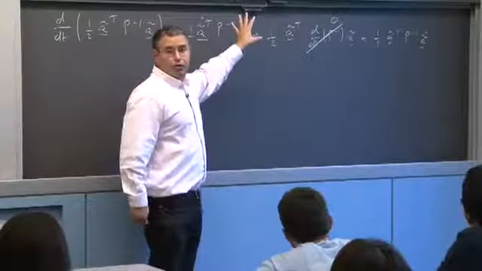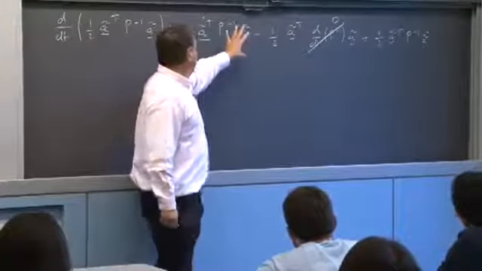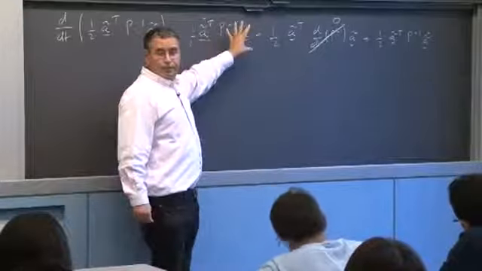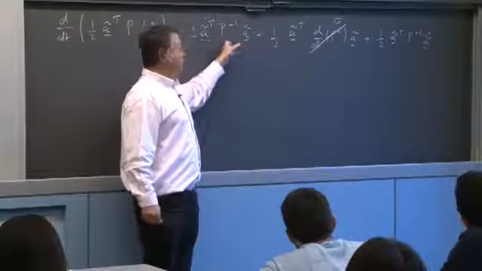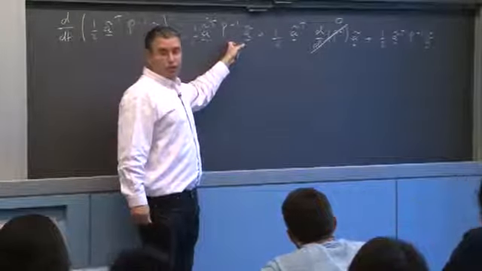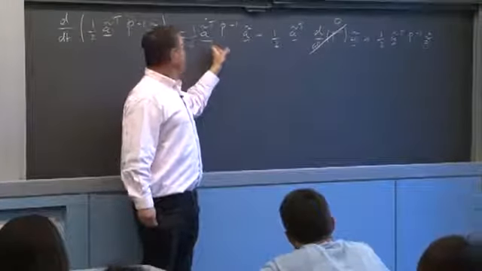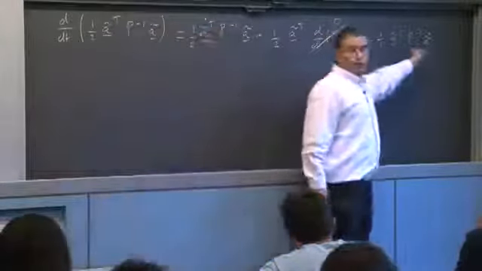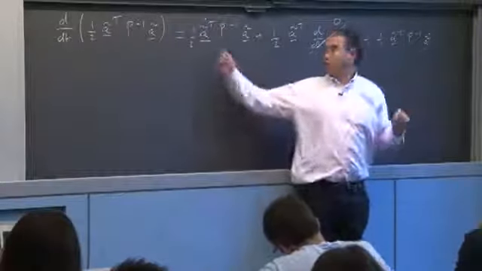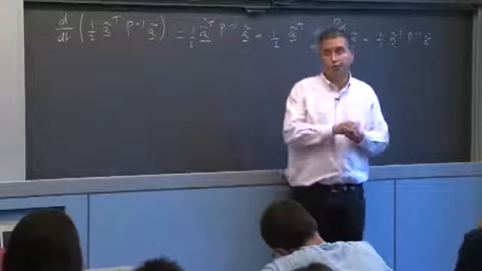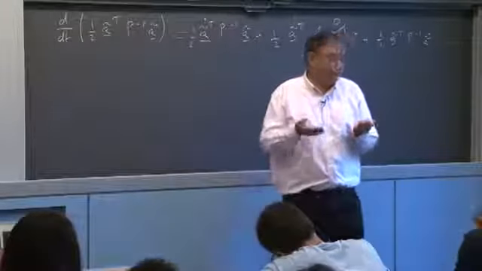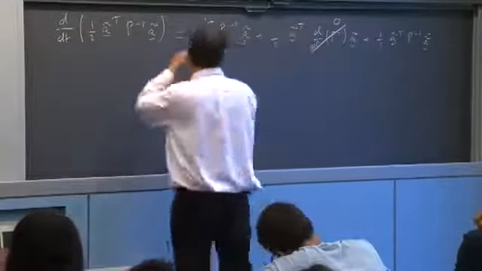They are derivatives of scalars, so they're still scalars, so they're equal to their transpose. If you take the transpose of this, you find a tilde transpose p inverse, because p inverse is symmetric, a tilde dot, which is exactly this. So because these are scalars, this first and this third term are equal. One is the transpose of the other, and therefore they're equal.